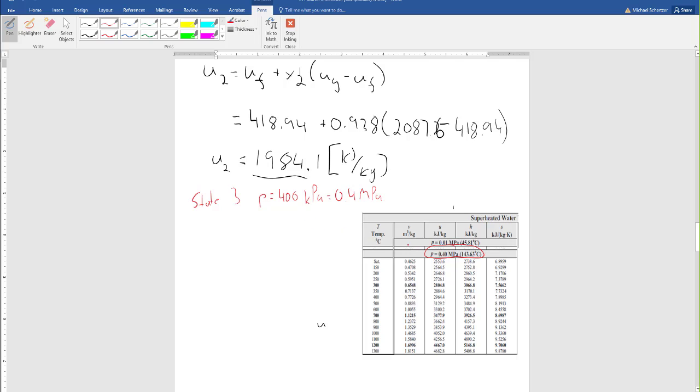And I know my specific volume is 1.57, which is in between these two numbers here. So I know that I'm in between 1,000 and 1,100.